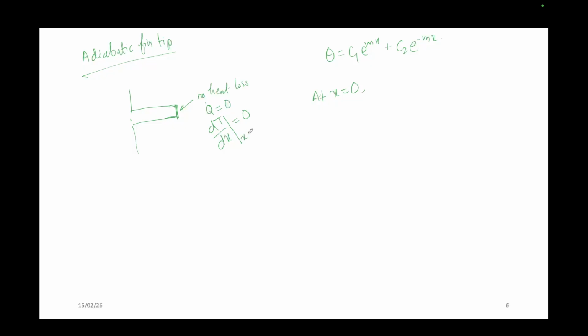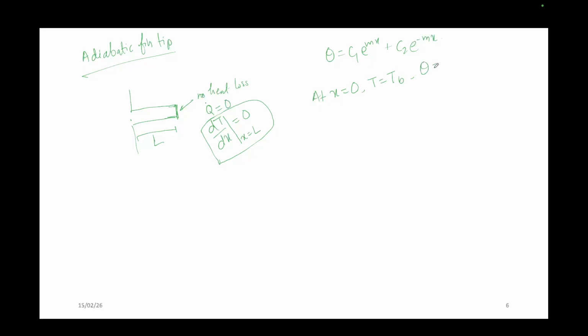So that means here I am giving a fin of length L, an adiabatic fin, because it is not infinitely long. Now it is at a length L. So this is adiabatic, means this is the boundary condition here, right? So the first boundary condition: at x equal to 0, the T is T_b.